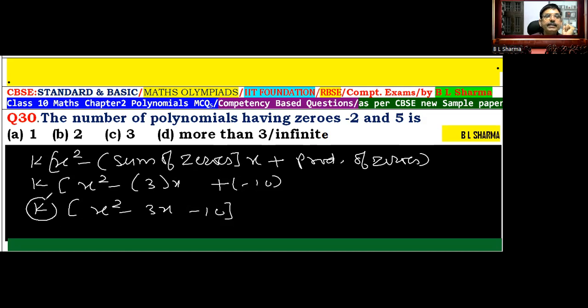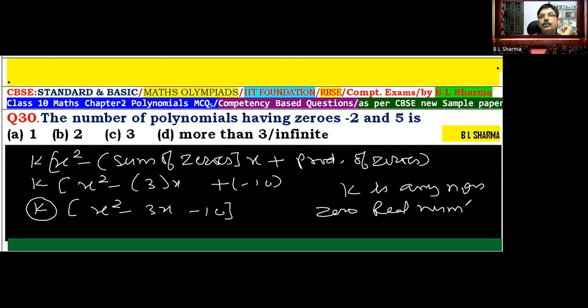Student, यहाँ पे you can take the different values of k, means k is any non-zero real number. कोई भी नॉन जीरो रियल नंबर होता है ये. k can be 1, 2, 3, negative 5, 6, 7, जीरो नहीं होना चाहिए. और when I say real numbers means rational or irrational numbers. तो k की डिफरेंट वैल्यू आ सकती है, इनफाइनाइट मेनी वैल्यूज आ सकती है. तो हम कह सकते हैं कि the number of polynomials having zeros -2 and -5 can be more than 3 or infinite.